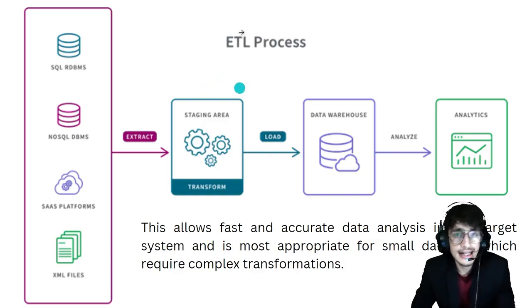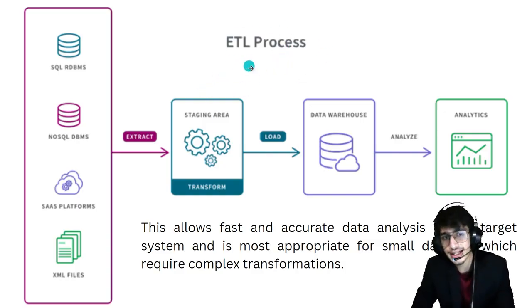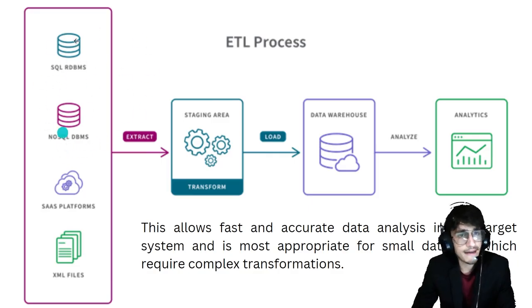So in the ETL process we do data integration in three steps: extracting data from the source, then transforming the data in the staging area, and loading it into the data warehouse.